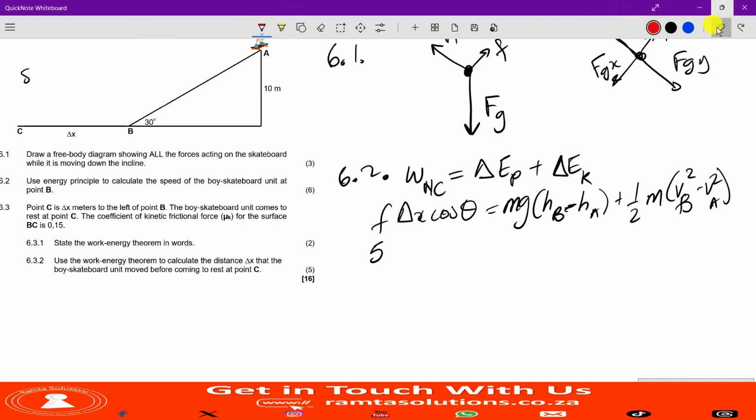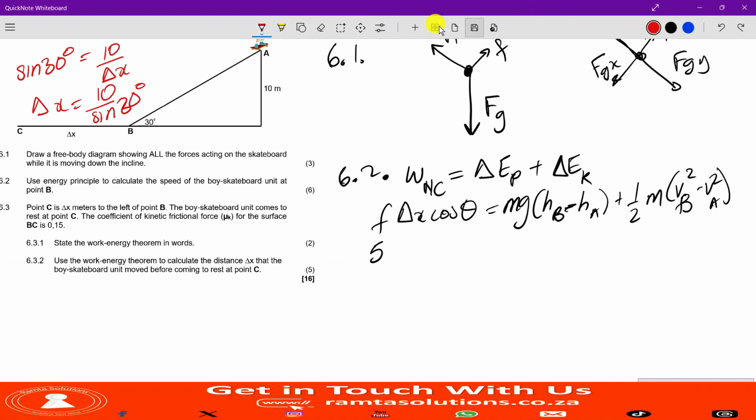So we know sine 30 degrees is equal to 10 over delta x. Therefore, delta x is 10 over sine 30 degrees.